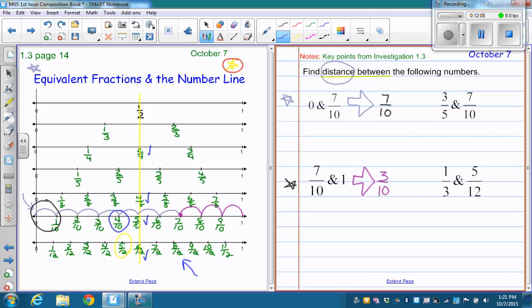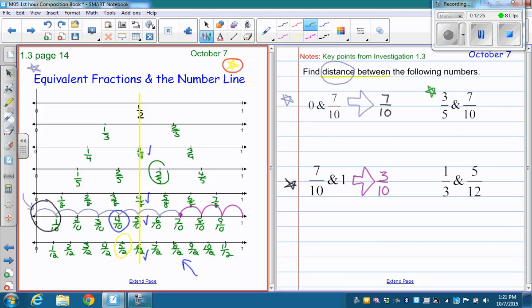So when you look at a problem like this problem here, the distance between 3/5 and 7/10, that technique doesn't work quite as well because 3/5 is on one number line and 7/10 is on the other number line. But you may notice that 3/5 is the exact same number as 6/10. It's an equivalent fraction.